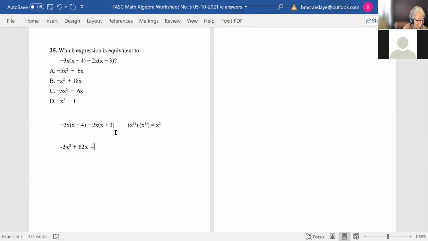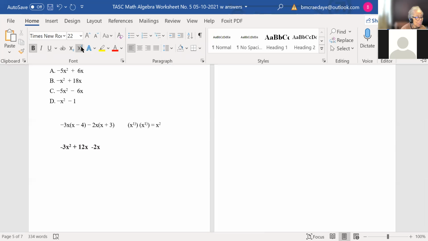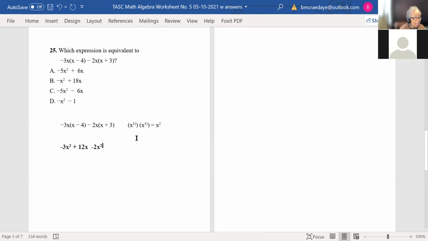That's right. Be minus 2x, and then we put square, right? Because that's a 1 plus 1 again, just like over here. X to the 1, x to the 1, 1 plus 1 is 2.